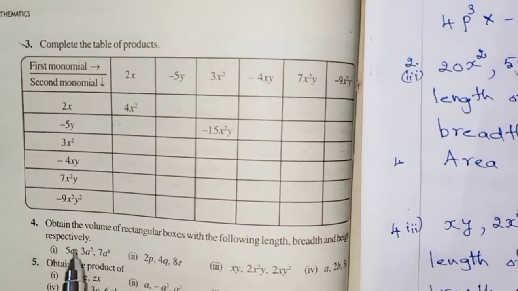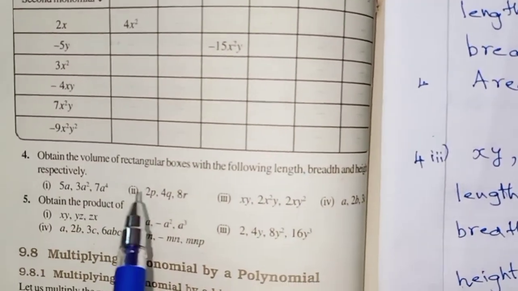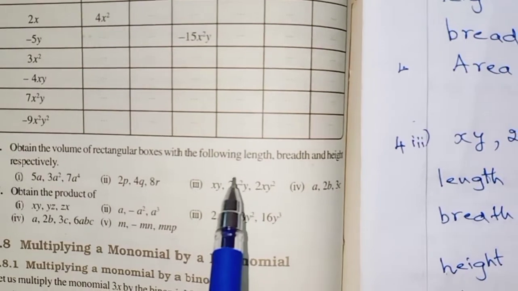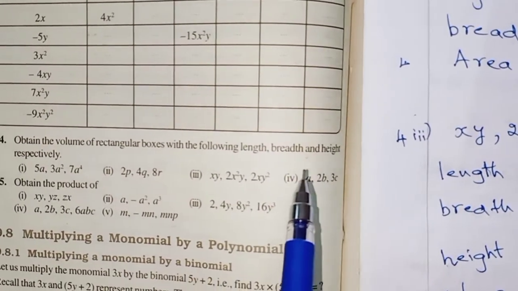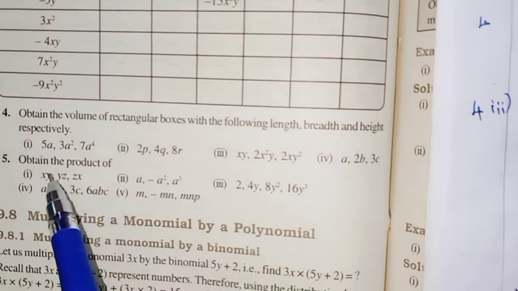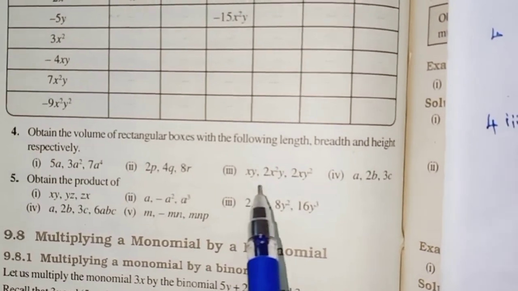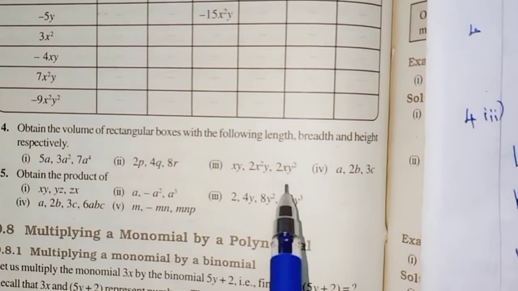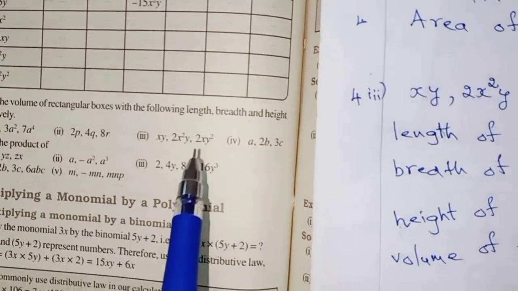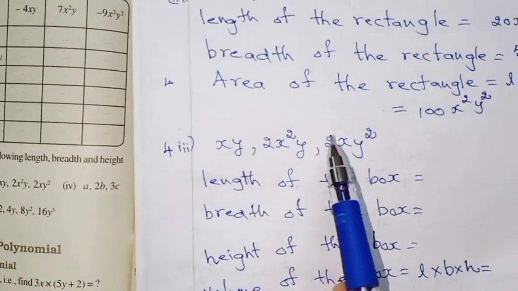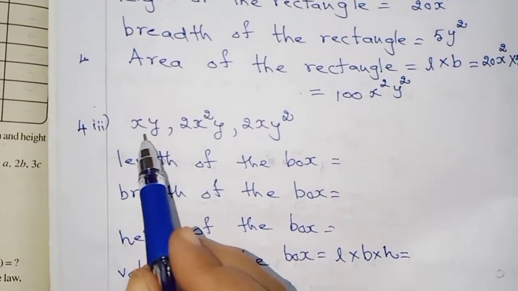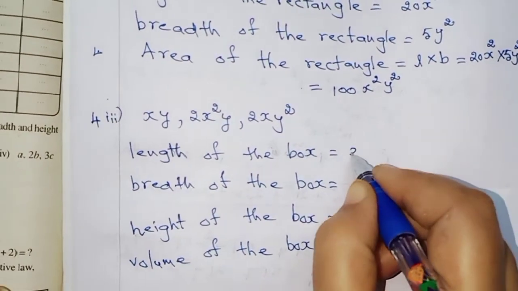Now the fourth sum. Obtain the volume of rectangular boxes with the following length, breadth and height respectively. Now I am teaching the third one. The first measurement is the length, this one is the breadth and this one is the height. What is the length of the box? xy.